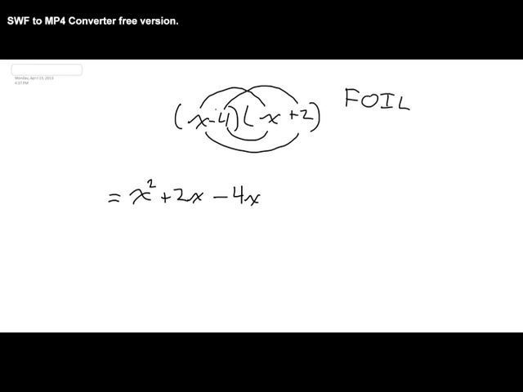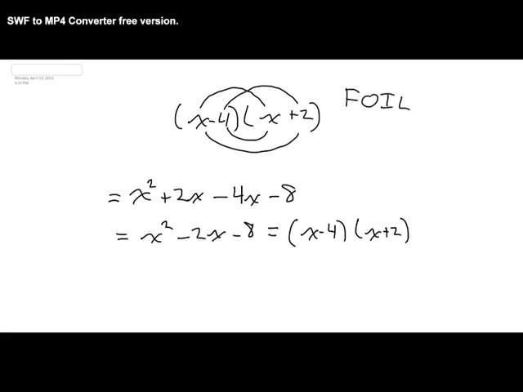And our last terms, -4 and positive 2 multiplied together, give me -8. Collecting our like terms, we get x squared minus 2x minus 8, which is exactly what we started with. So we can see that these two statements are indeed equal, that x squared minus 2x minus 8 is the exact same as x minus 4 times x plus 2.